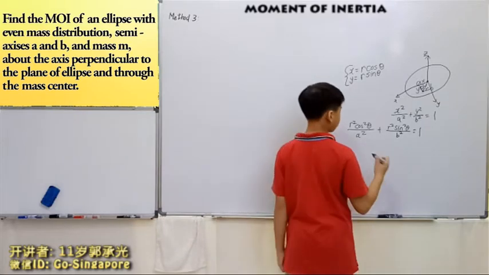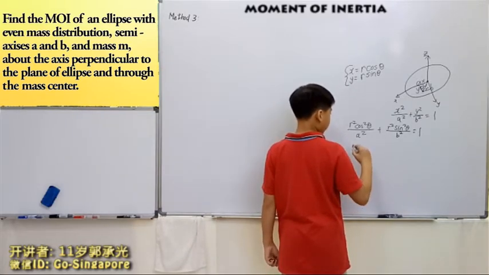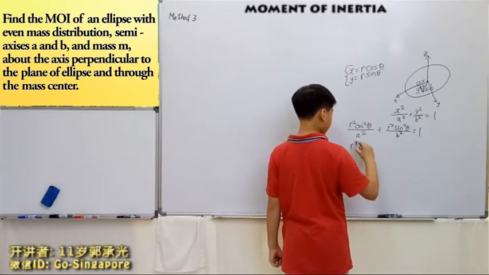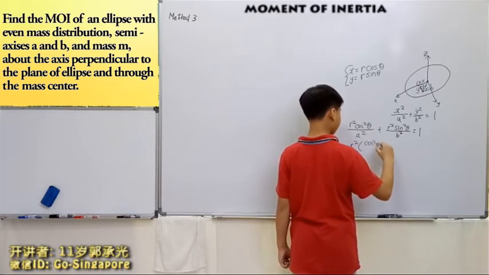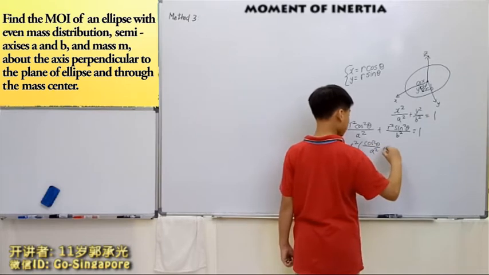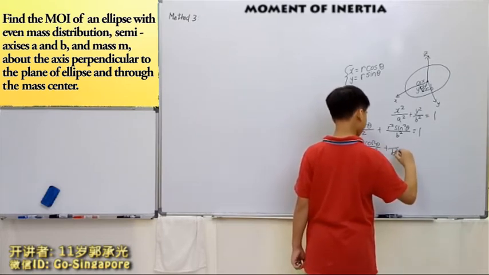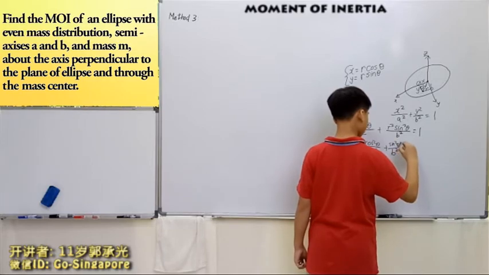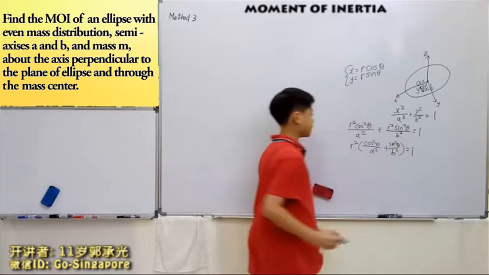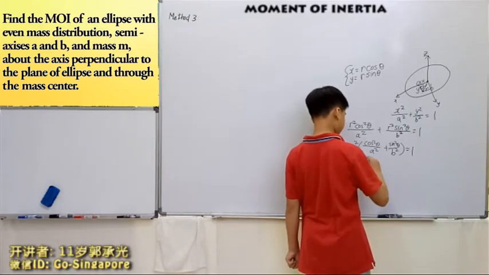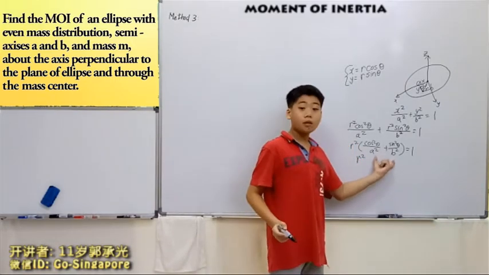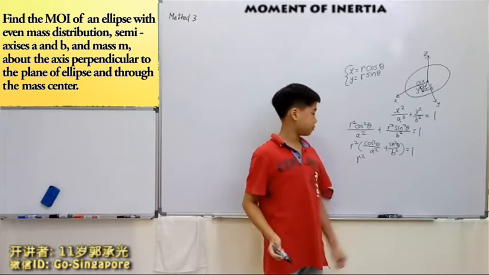Therefore, for these parts, we might want to take an r squared out of them and leave the rest inside first. Which will become like this. After that, find the least common denominator.